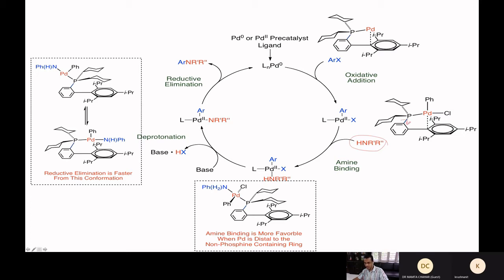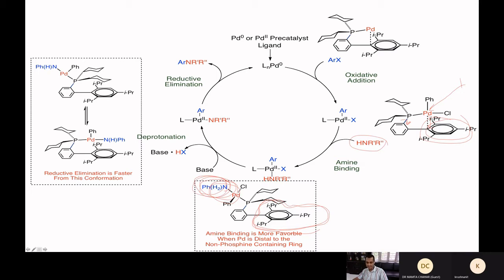This bond rotates and palladium comes outside or away from this bottom phenyl ring. Subsequently, the amine binding becomes feasible. As you can see, amine now can bind. Previously, in this orientation where palladium is interacting with the bottom phenyl ring, amine cannot bind. So amine binding becomes facile.